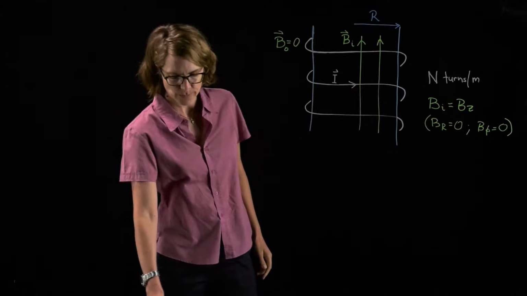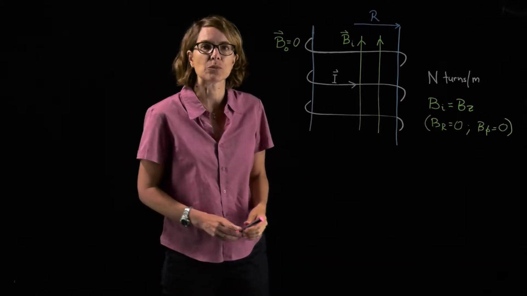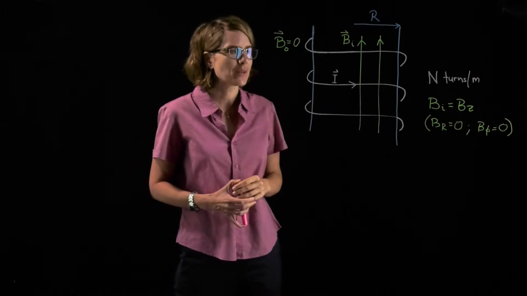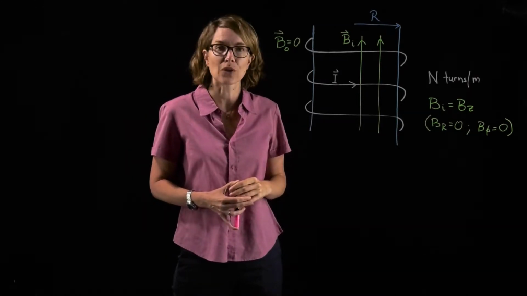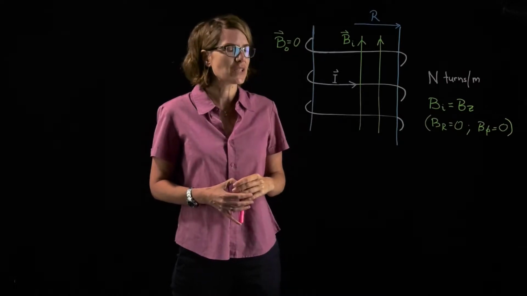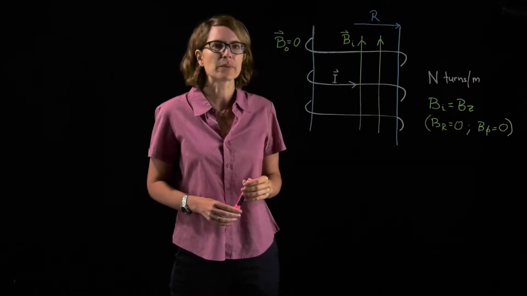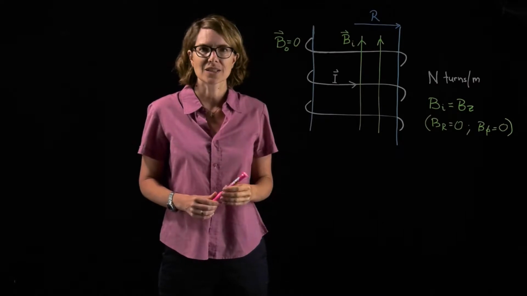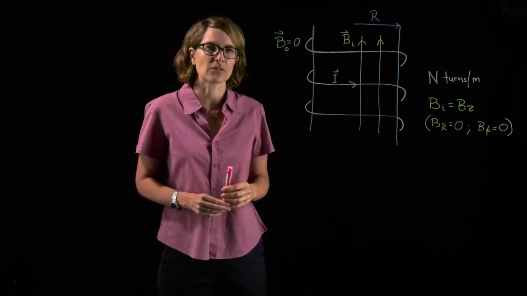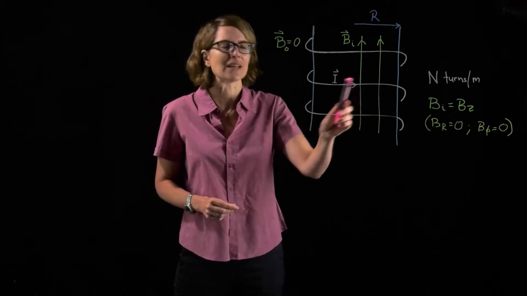Now what we'll do is put in an Amperian loop. We need to put in a loop so that current will flow through it. And we also need to put the Amperian loop in a position so that at least part of the loop is located where we want to find the field, that is, inside the solenoid.